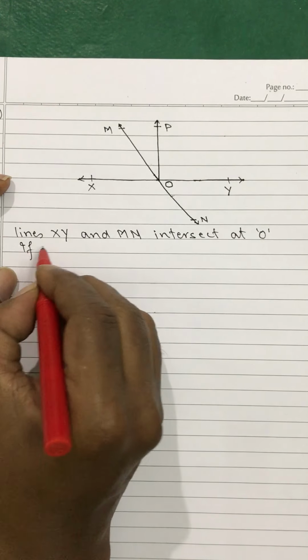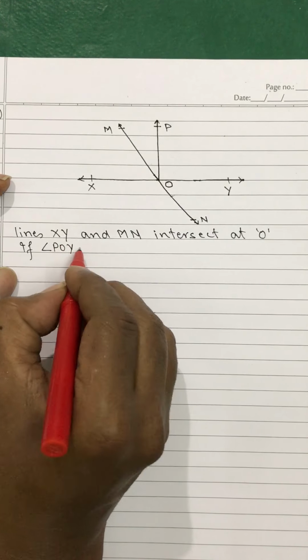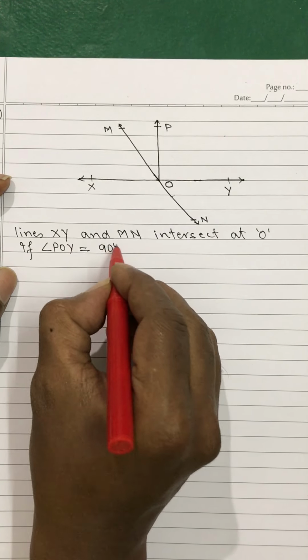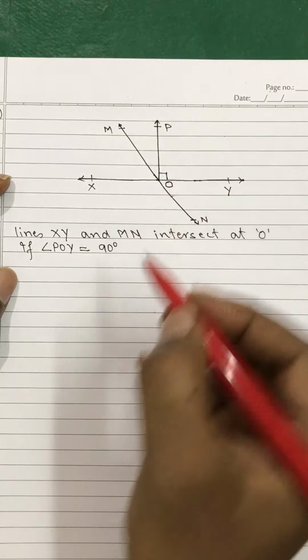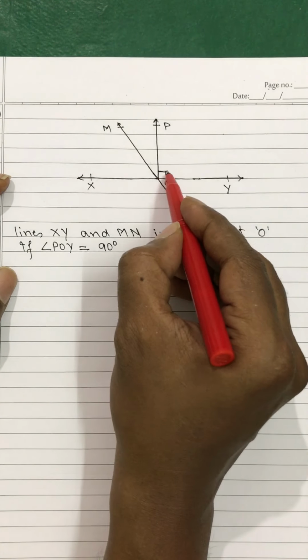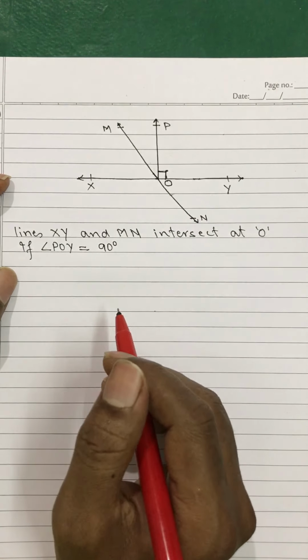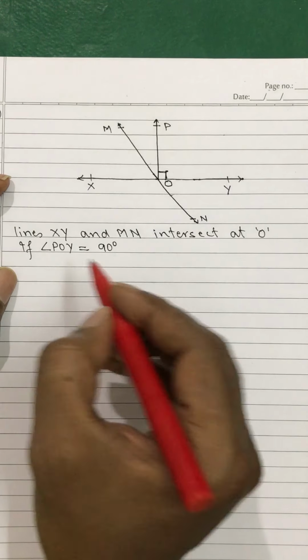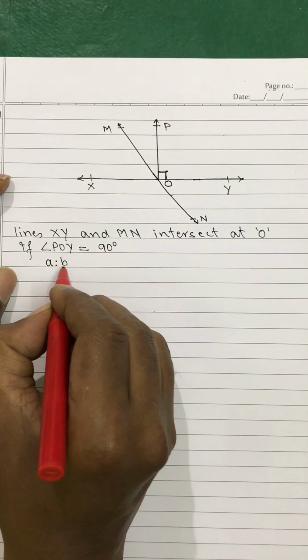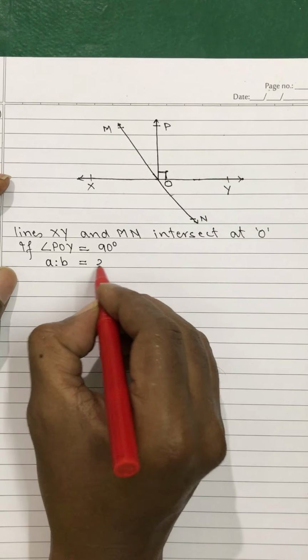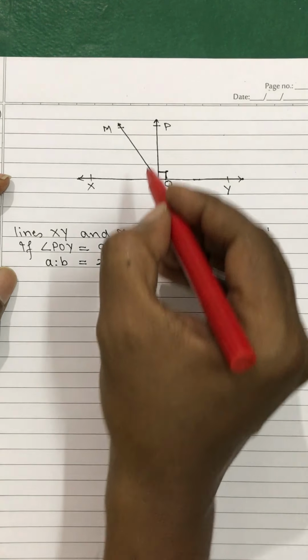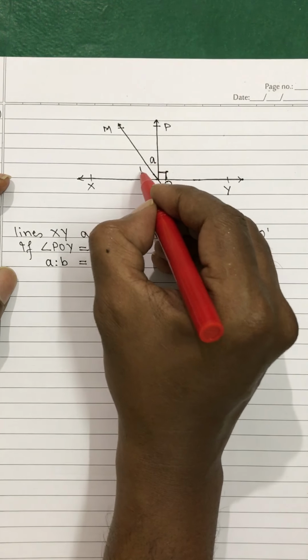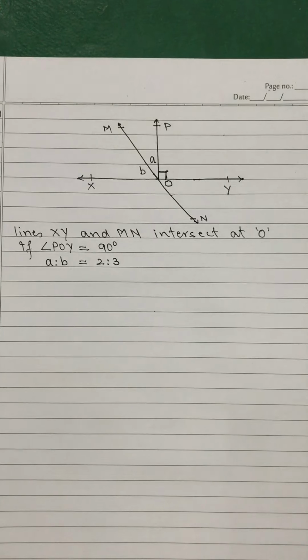If angle POY is equal to 90 degrees, so this is 90 degrees. This typical square mark is the indication of 90 degrees. They are also telling A is to B is equal to 2:3, means this is A, this is B, this is equal to 2:3.